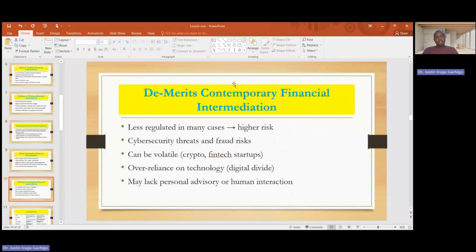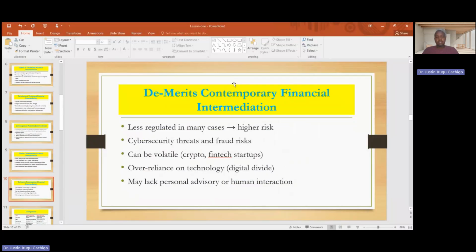But the fact is that when they are not regulated, they can be an avenue for fraud. Then we have cybersecurity threats and fraud. In most cases, contemporary financial intermediation loses money, especially from fraud cases.